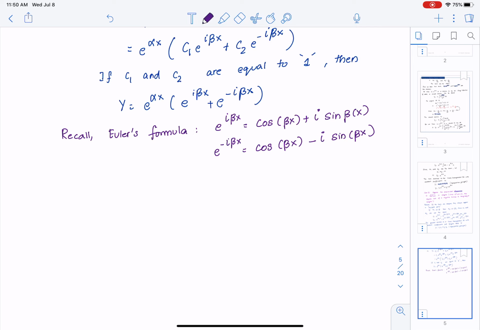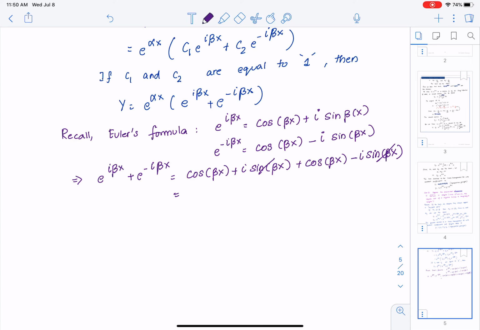So if I add those two equations, e raised i beta x plus e raised minus i beta x would equal cosine beta x plus i sine beta x plus cosine beta x minus i sine beta x. Those two would get cancelled, and I would simply have 2 cosine beta x.